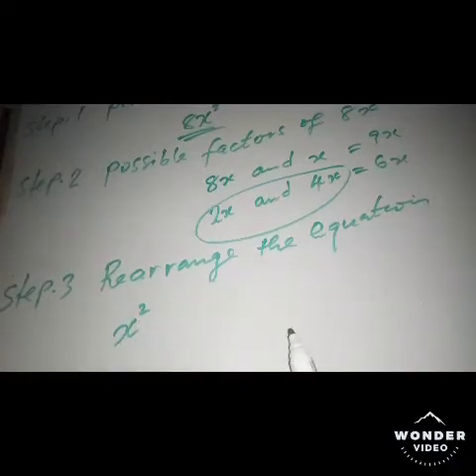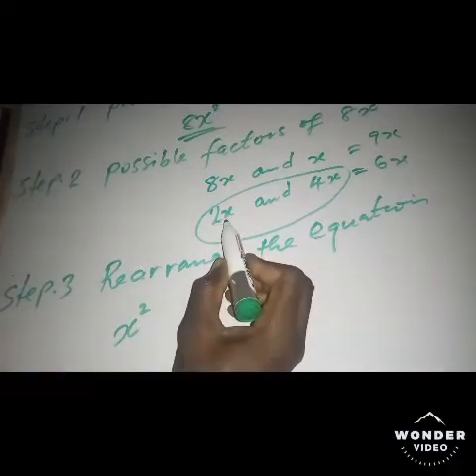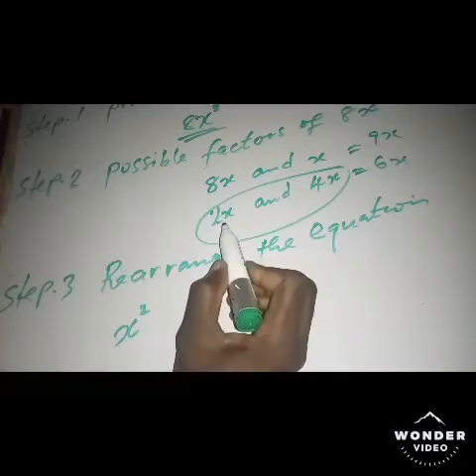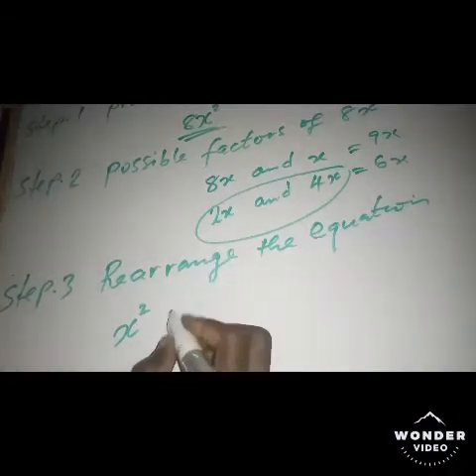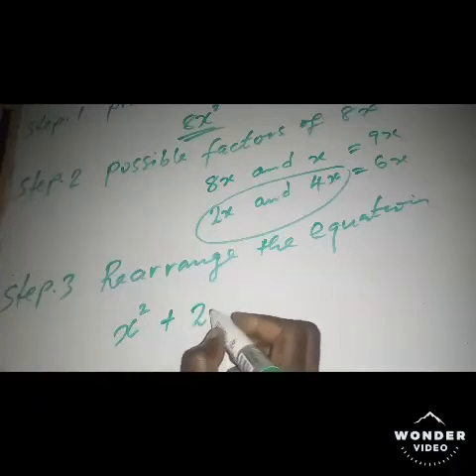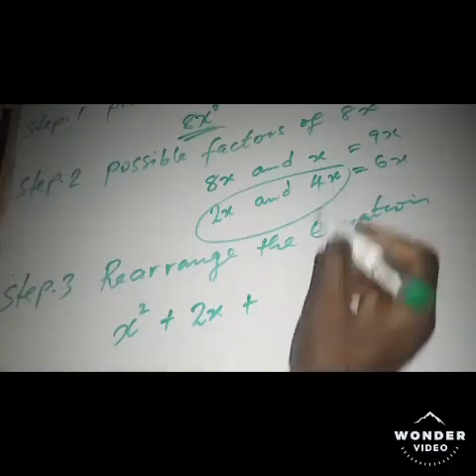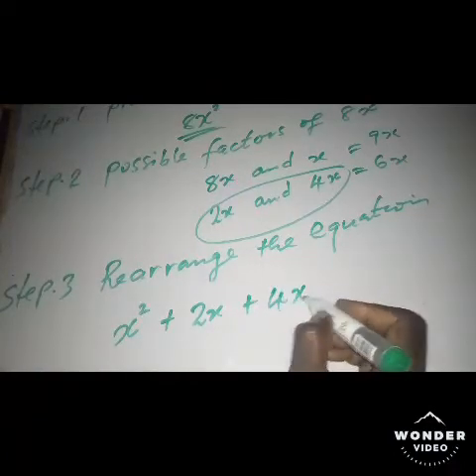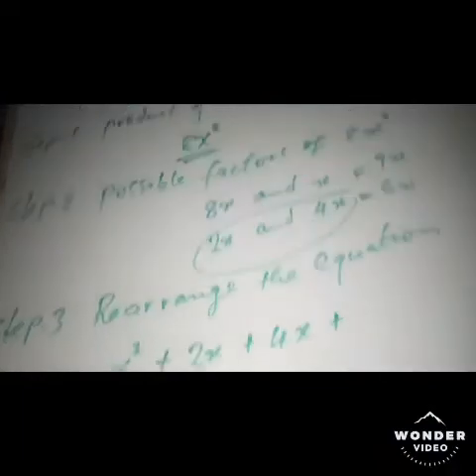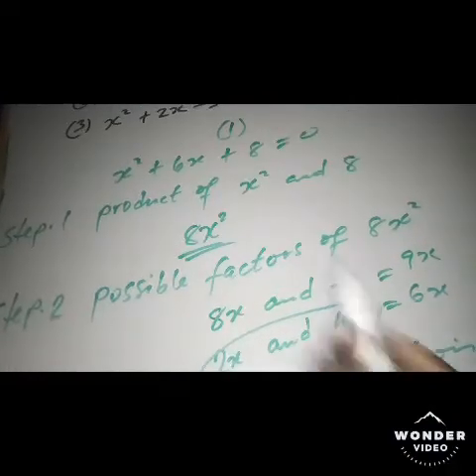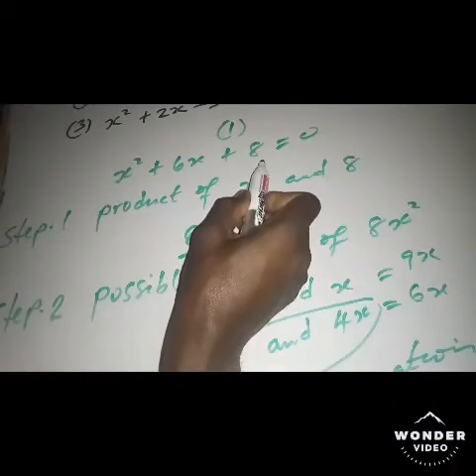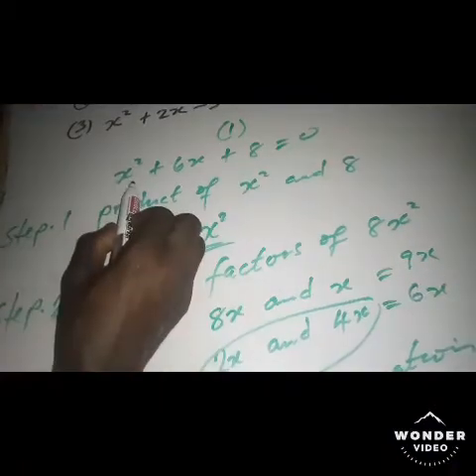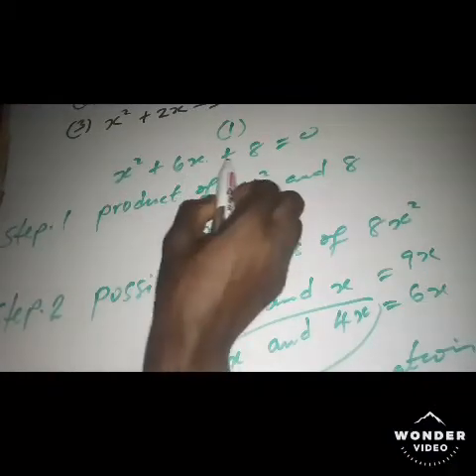Now the next terms are this new combination, so I will have x squared plus 2x plus 4x plus my last term. Can you see the difference? Here I have x squared plus 6x plus 8.